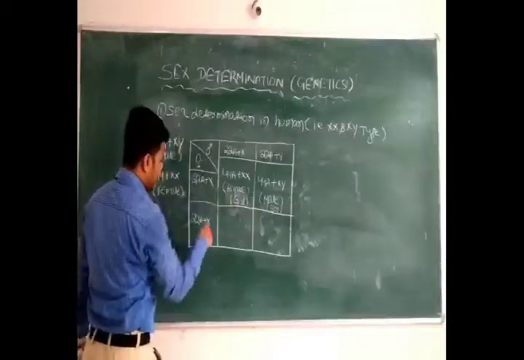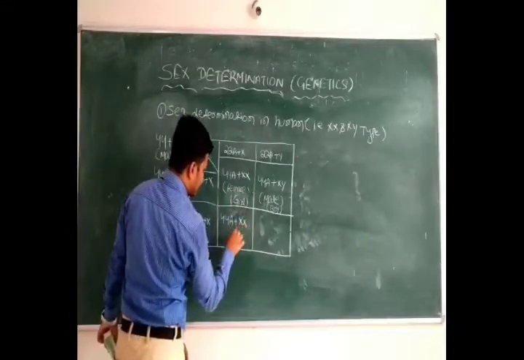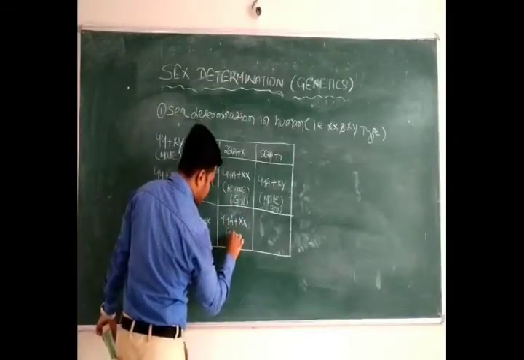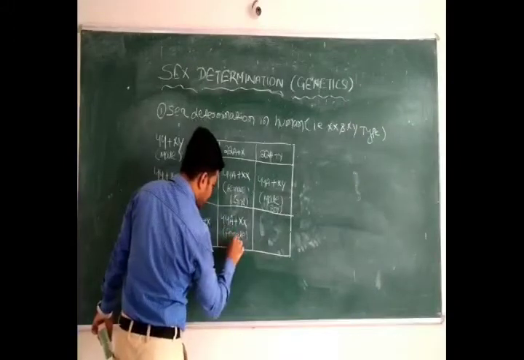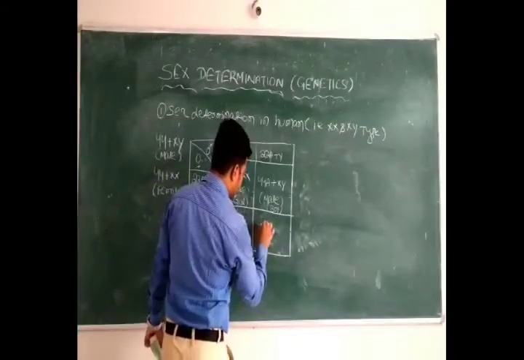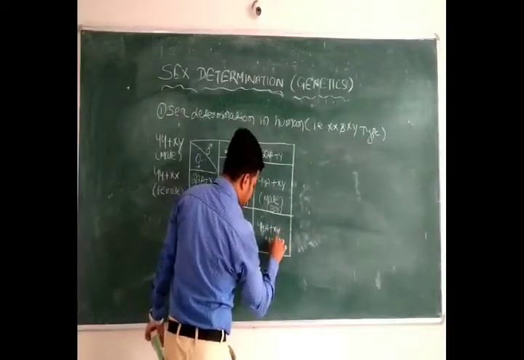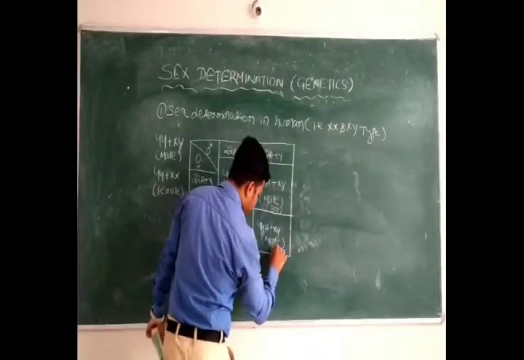Next, again 44 autosomes plus XX, so there will be production of a girl, and 44 autosomes plus XY, that is a boy.